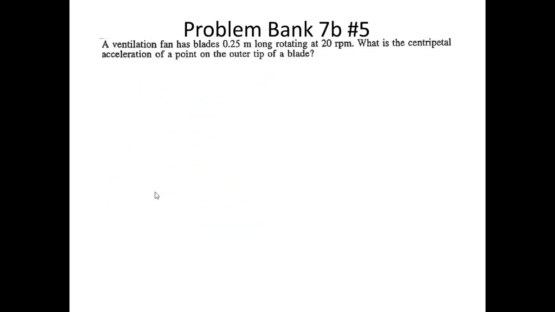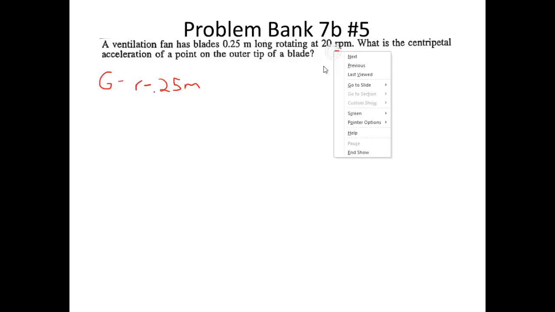Number 5, a ventilation fan has blades 0.25 meters long. So we are given that the radius of our fan blades is 0.25 meters, rotating at 20 RPM. The careful thing here is that R stands for revolutions, and that is revolutions per minute.